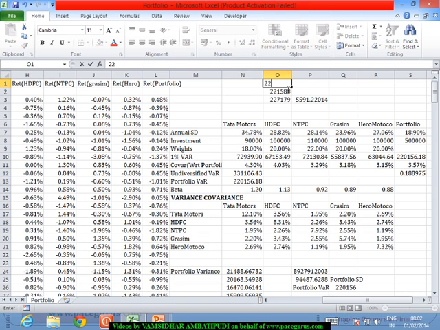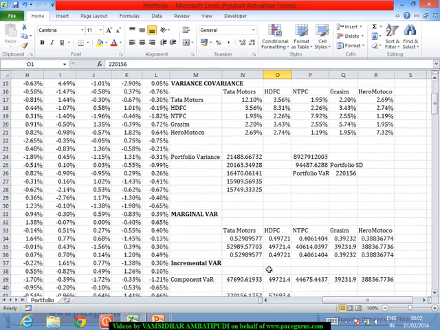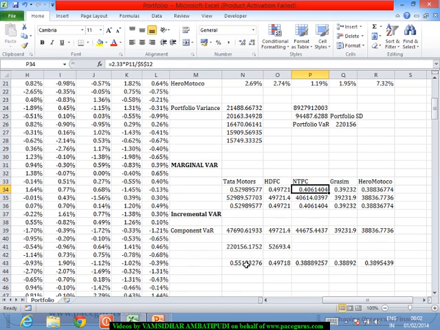The portfolio VAR now became 220,156. The portfolio VAR has come down, and even look at your marginal VARs. Here this has come to 0.52 and this has increased to 0.40. Now the earlier gap has almost reduced.